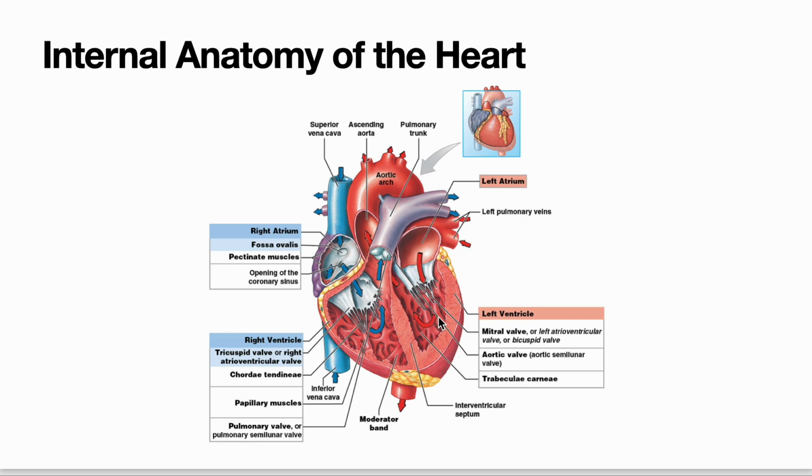We can also spot the trabeculae carneae, which are these sort of stringy looking structures in the wall of the ventricles. And then one special little structure is the moderator band down here in the right ventricle, and that will come up again in the future.